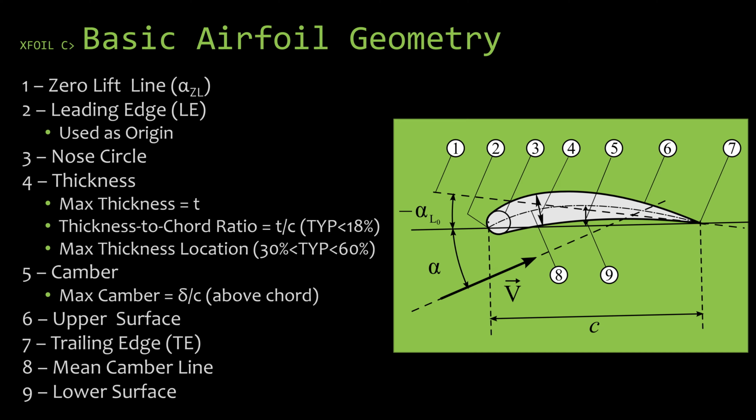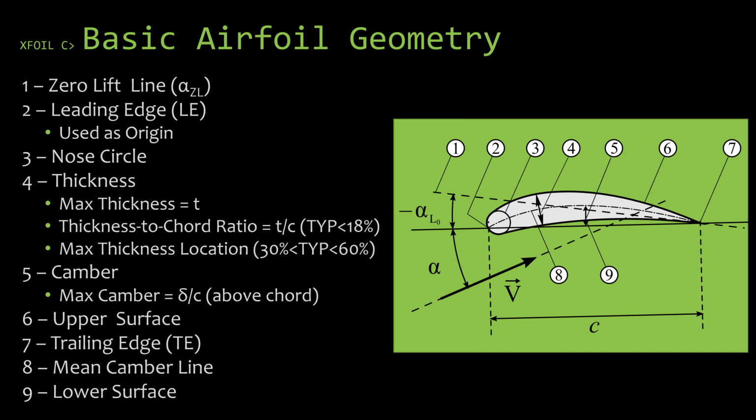Now, mean is because the camber line is the mean point, the midpoint between the upper surface and the lower surface. So it's almost like if you took all of the mid thickness points and turned them into a line, that would be your camber line, your mean camber line, or camber line.